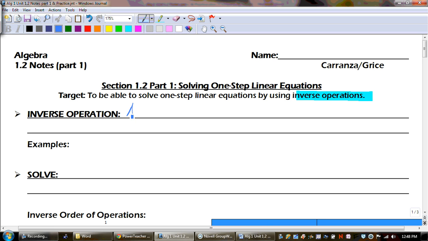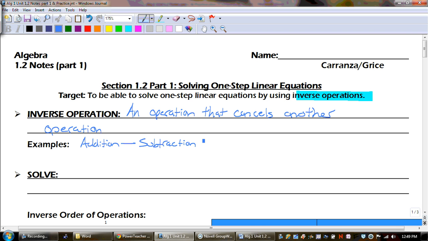Well, an inverse operation is an operation that cancels another operation. Say addition: if I have addition and I want to get rid of it, I would use subtraction.